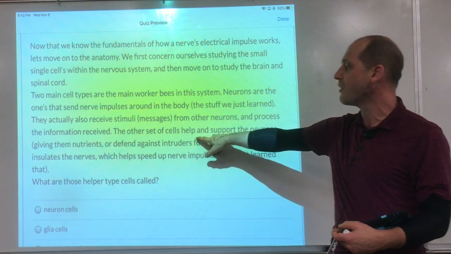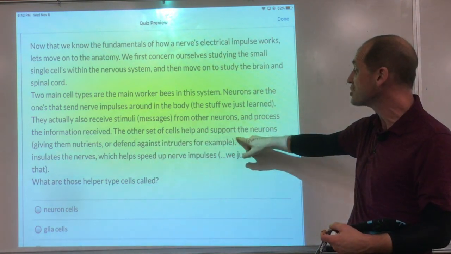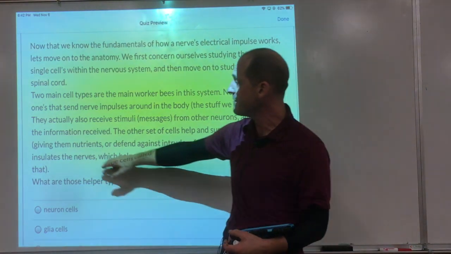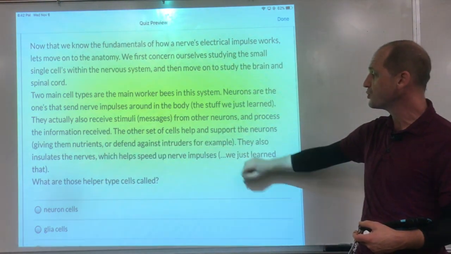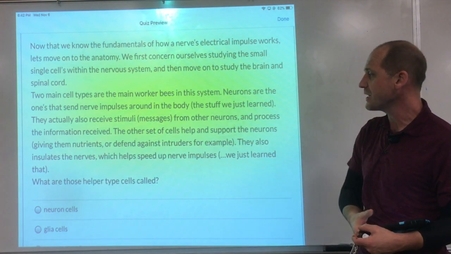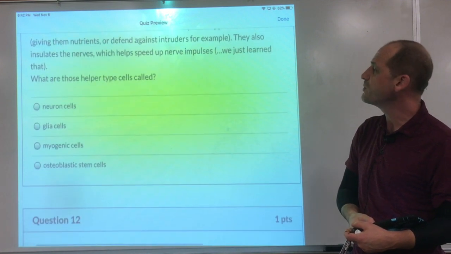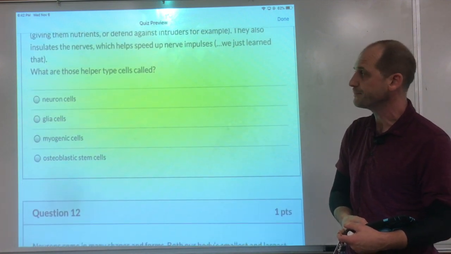The other set of cell types help and support the neurons. That means they give them nutrients or defend against intruders, for example. They also insulate cells, which helps them speed up the nerve impulse, which is what we just learned.